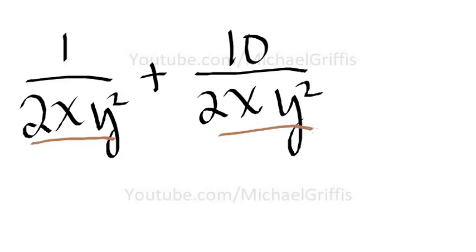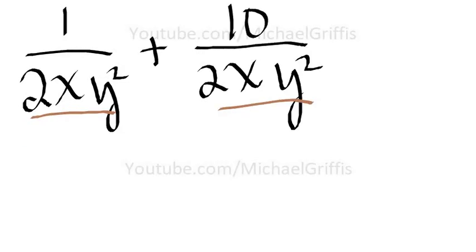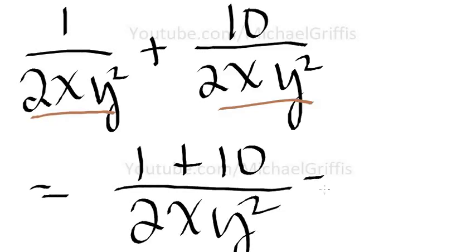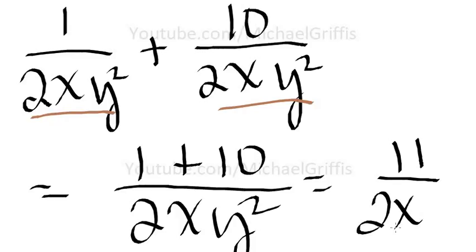We've got a common denominator. All we have to do is add the numerators, 1 plus 10, and rewrite the denominator, 2 times x times y squared. That becomes 11 over 2xy squared. All right.